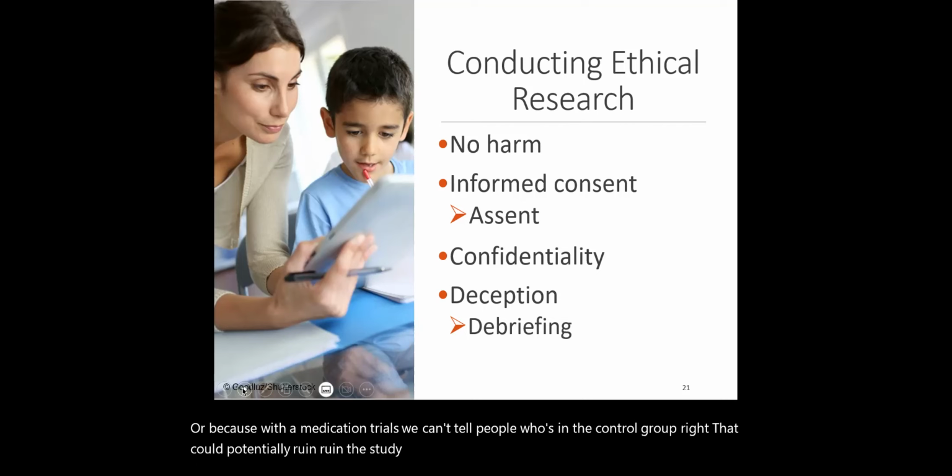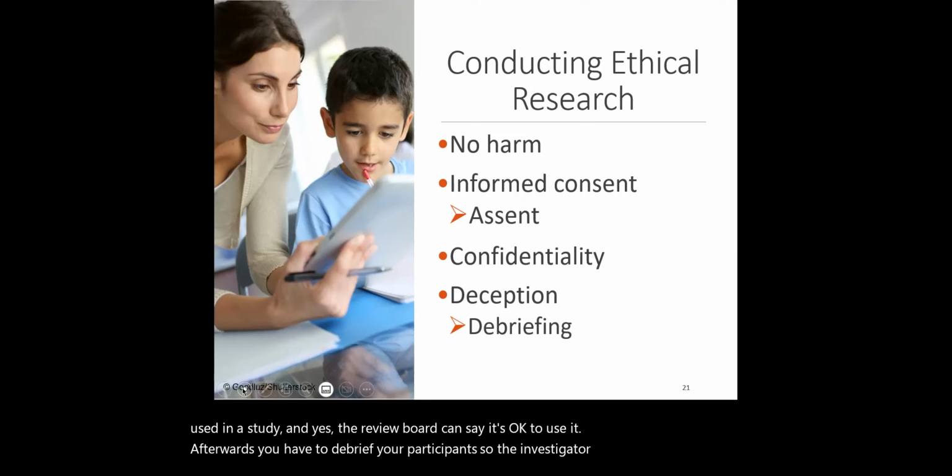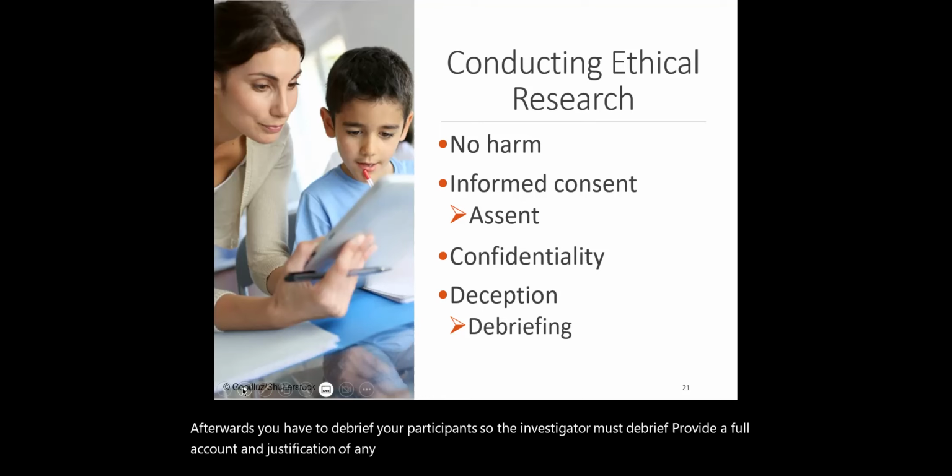So when deception is used in a study, and yes, the review board can say it's okay to use it, afterwards you have to debrief your participants. So the investigator must debrief, provide a full account and justification of any activities when the research is over. And that is to try to build that trust again.